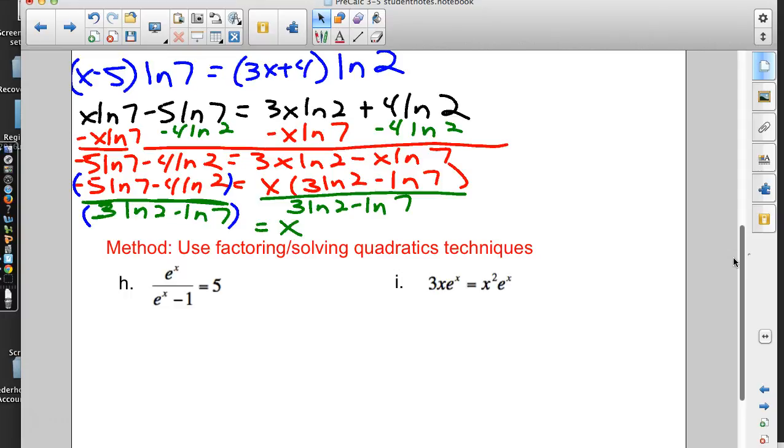Should be set. There it is. Negative 93.6270.